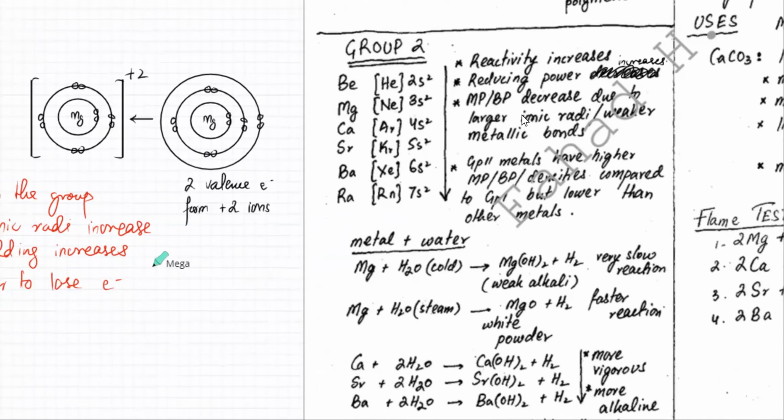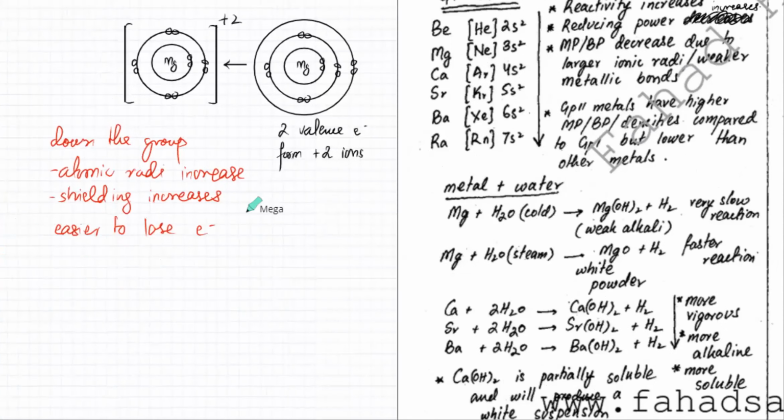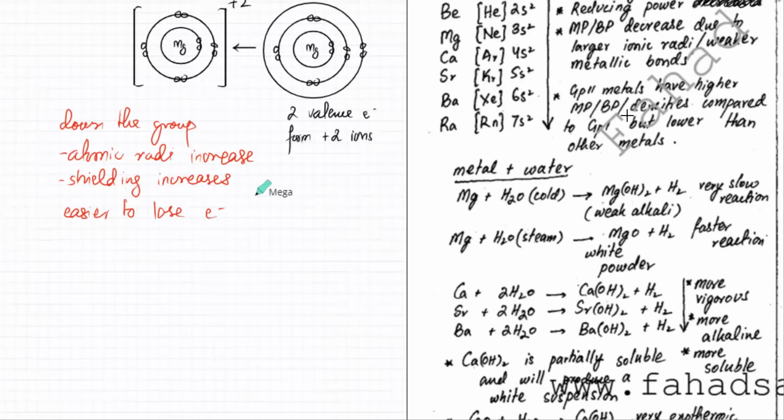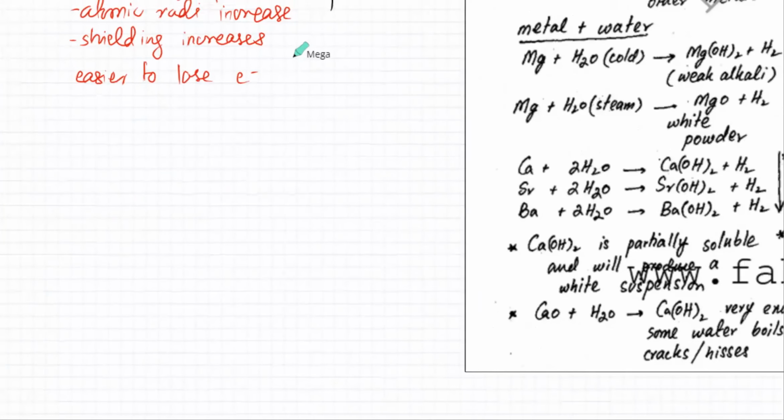And then you have another thing, which is that the melting point decreases due to larger ionic radius. So what about melting points? They're metallic. So what happens to the melting points when they go down the group?